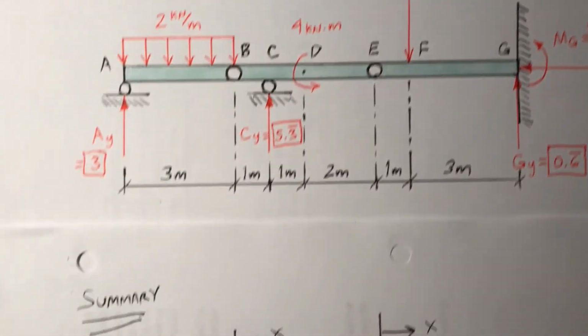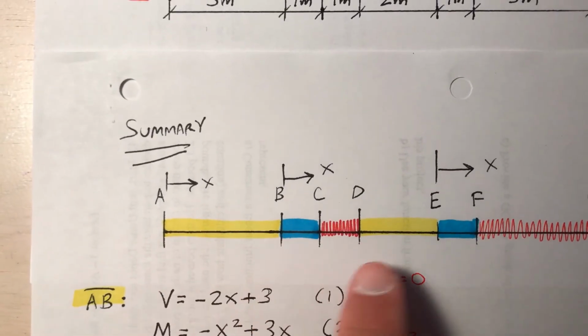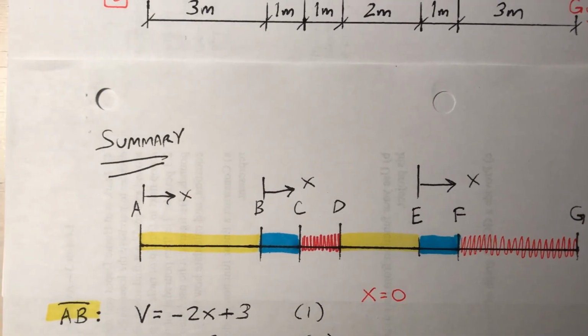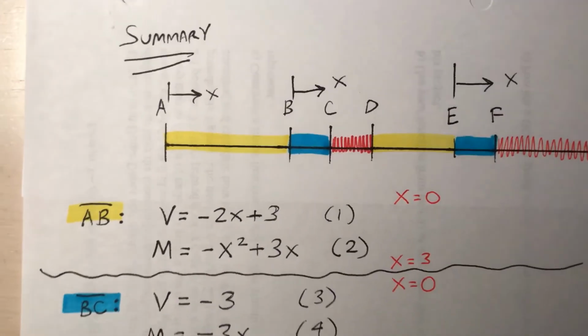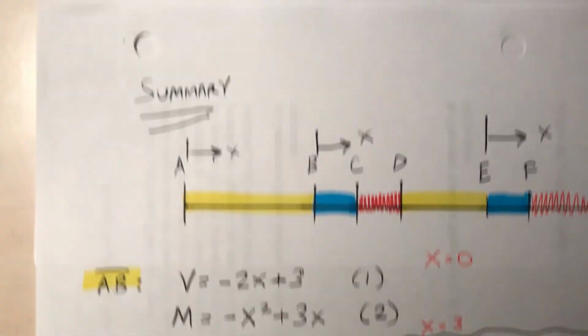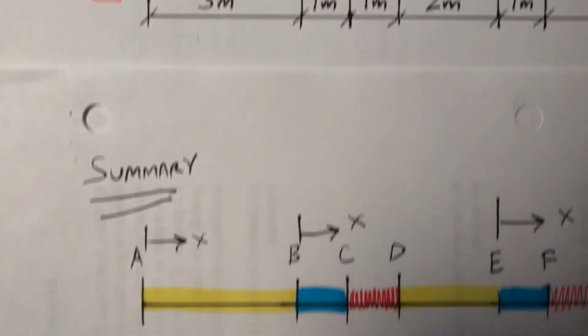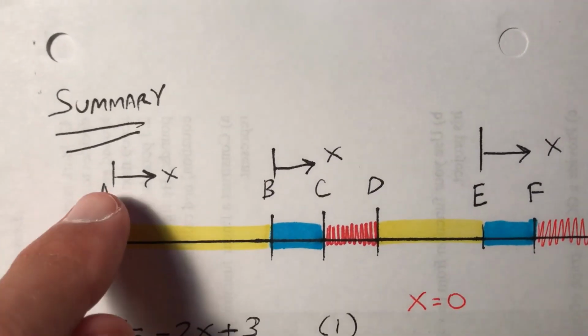Moving on down, I split this up into a couple of different segments: AB, BC, CD, DE, EF, FG. This is a summary of all my equations so far. For segment AB, that's between 0 and 3. This diagram also tells me where I start x all over again.